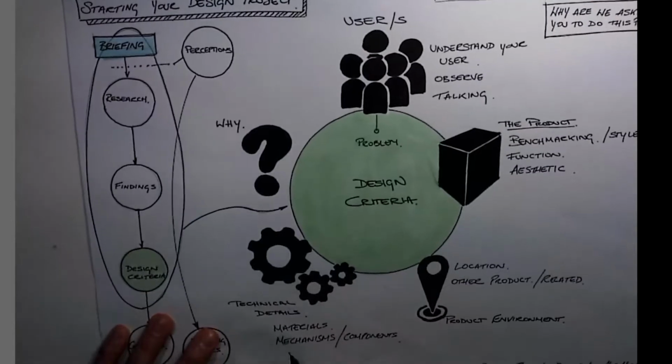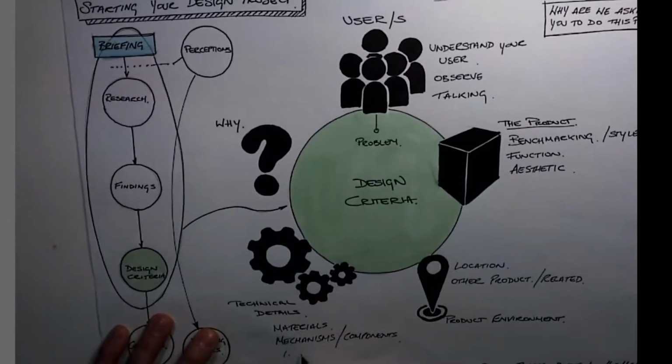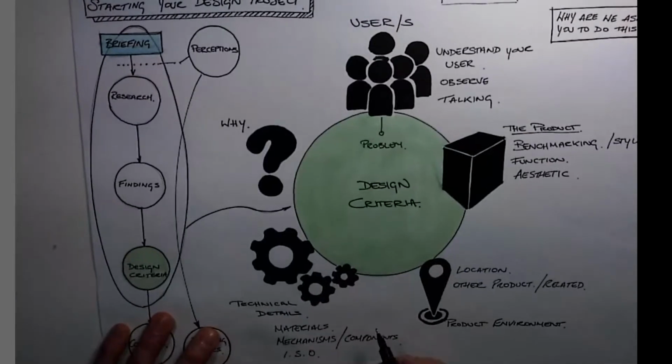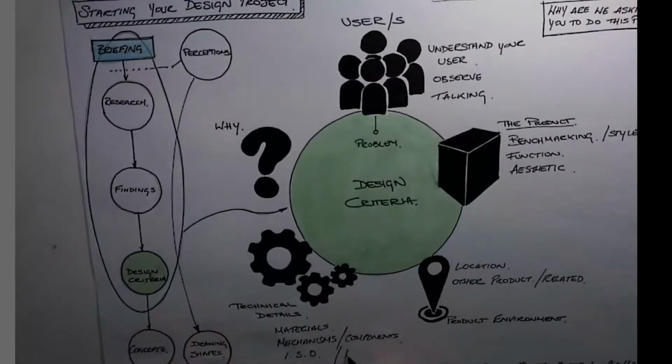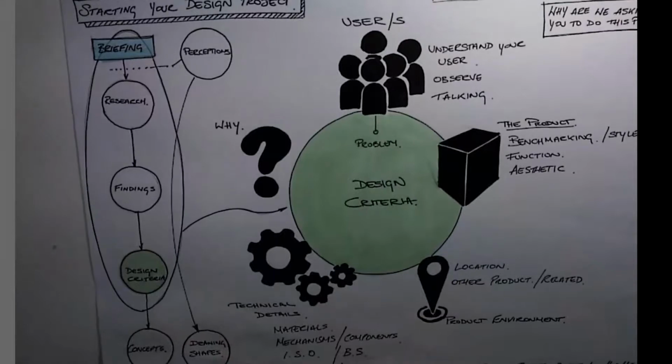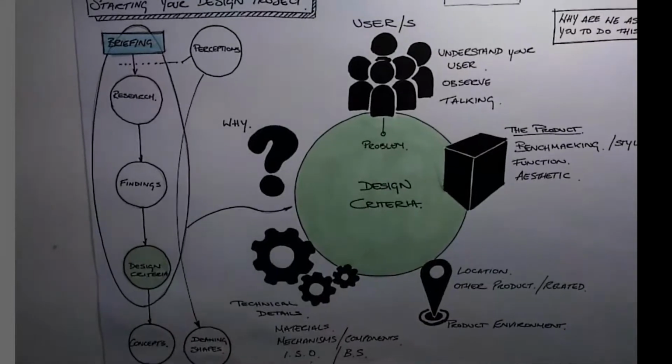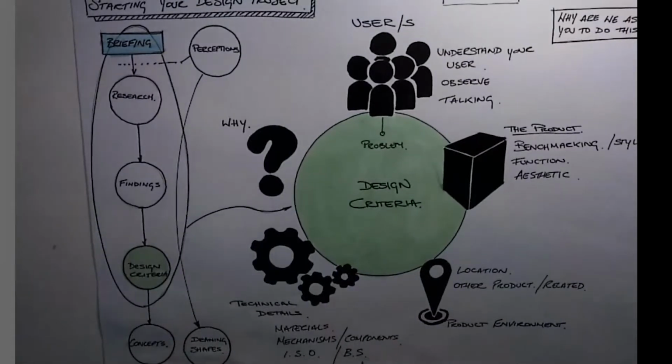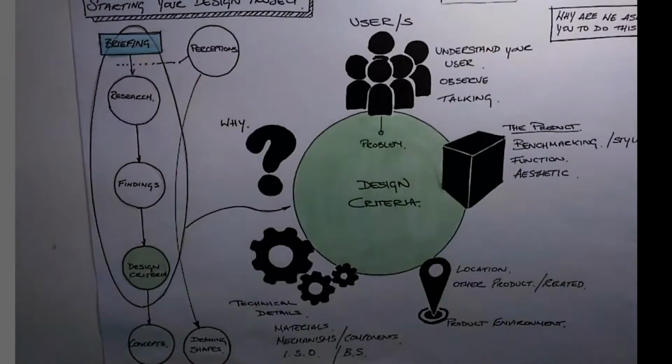It could be down to, I just write down ISO, or you'll get another one called BS. Okay, so the British Standards or the International Standards Organization. So if you're using electrical products, they're going to be constrained by certain conditions and rules. And again, they come in under your technical details.